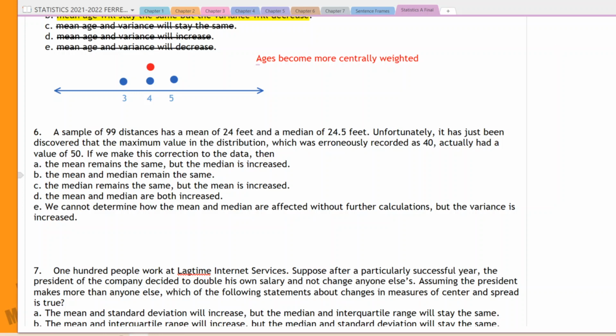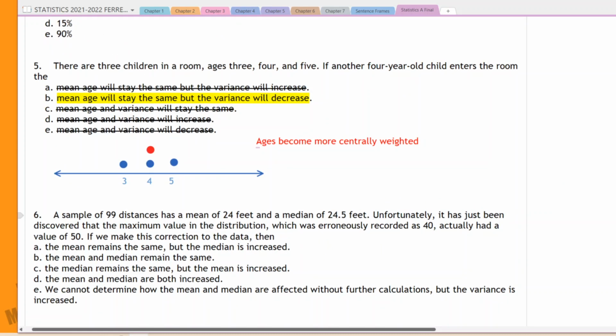Okay. So for example, if I take a look here at the previous dot plot, if this dot over here was not actually at 5 and it was actually at 6, is that going to change the center value? No, it's not. The center value is still going to be 4. The maximum doesn't really affect the center value at all.